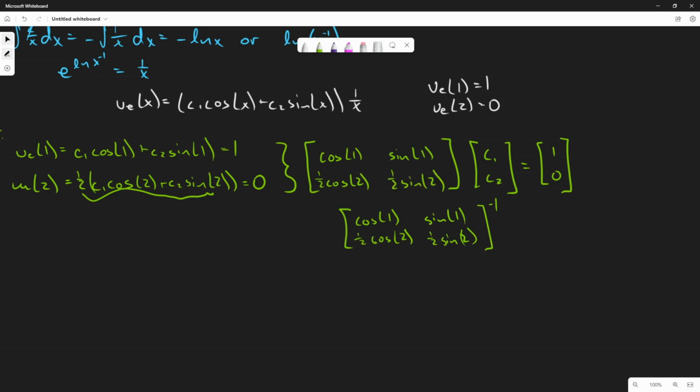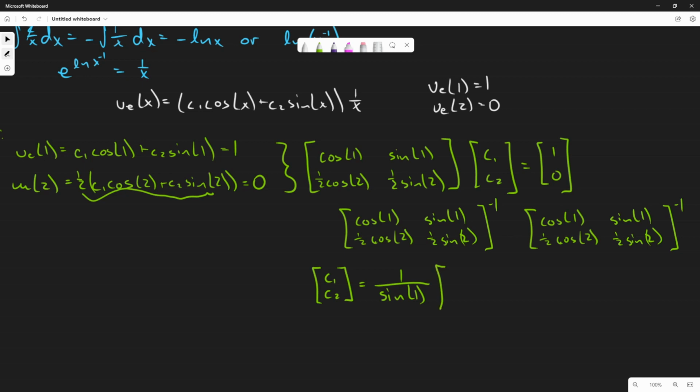And so when we do that, we get that c1 and c2 will be equal to, actually the thing will factor out if I'm correct, 1 over sine 1 multiplied by sine of 2 and negative cosine of 2.